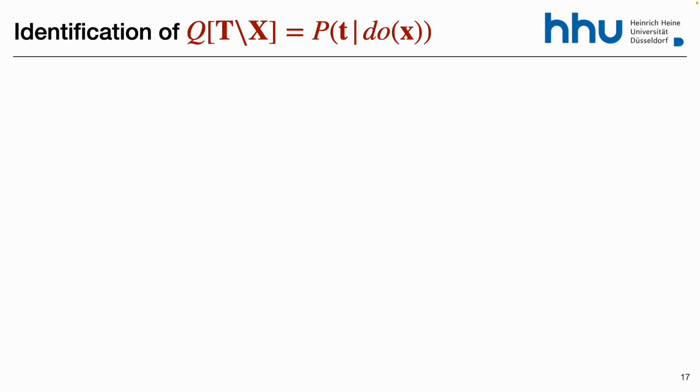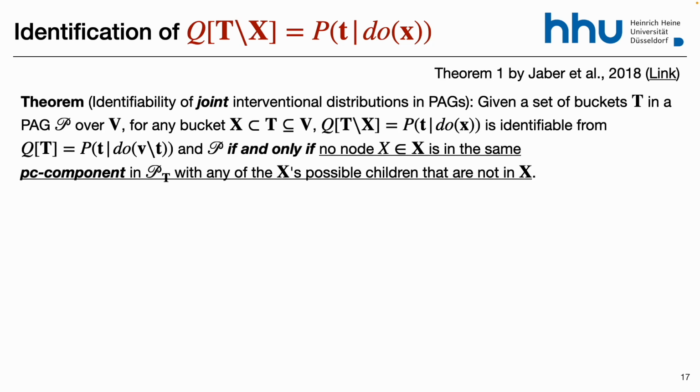So now we can show the identification of Qt minus X in the PEG. I think I can finish at least this part here. So now, from a PEG: identifiability of the joint interventional distribution in a PEG.